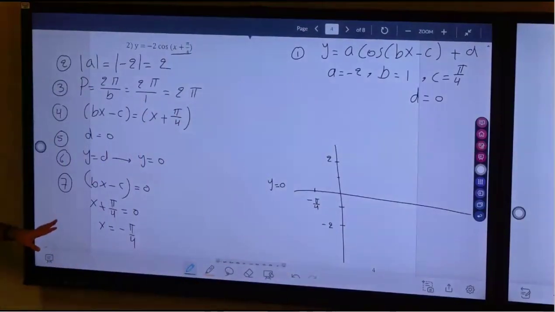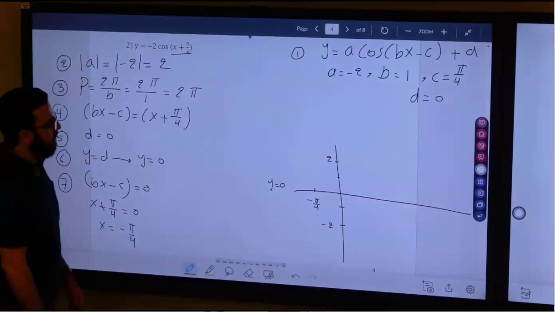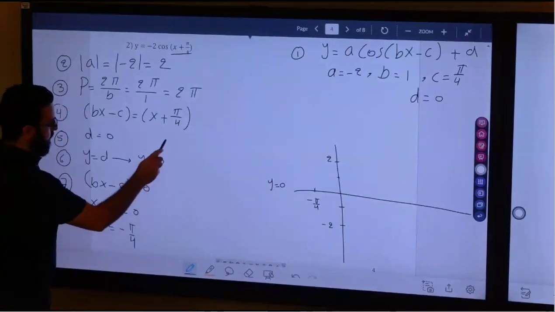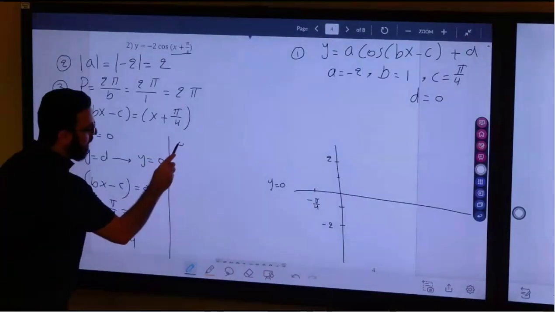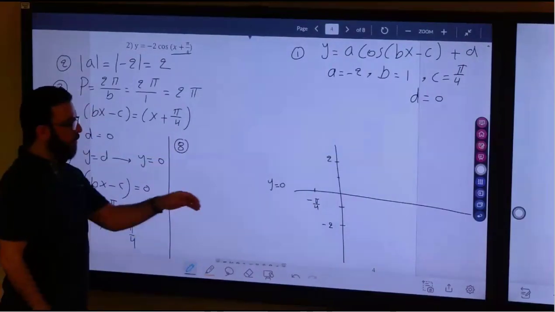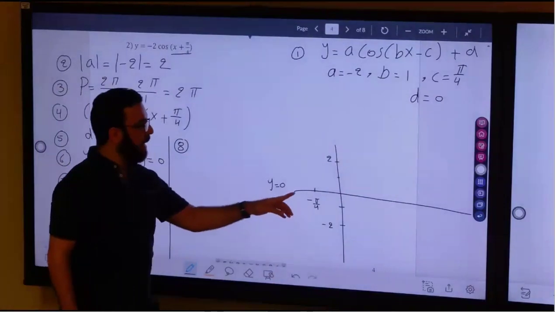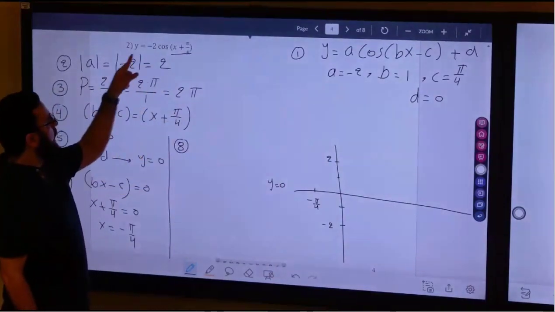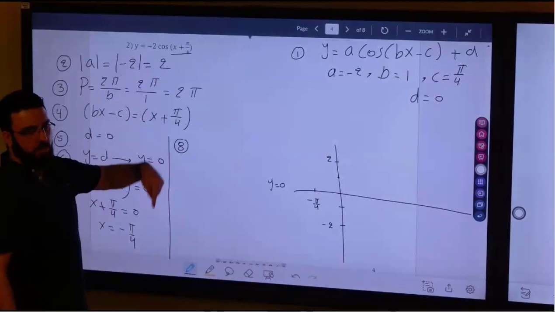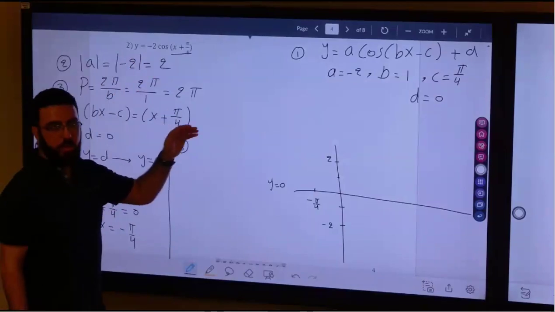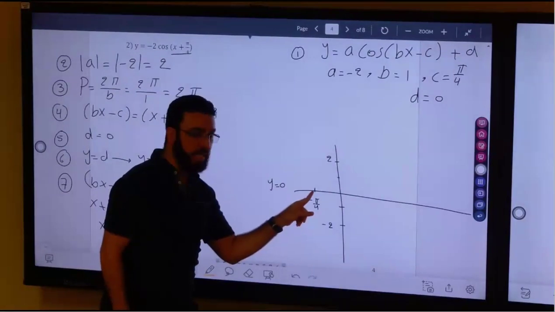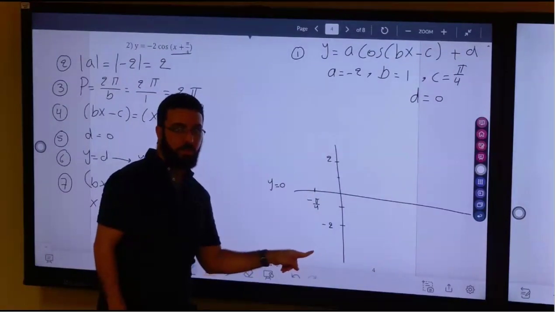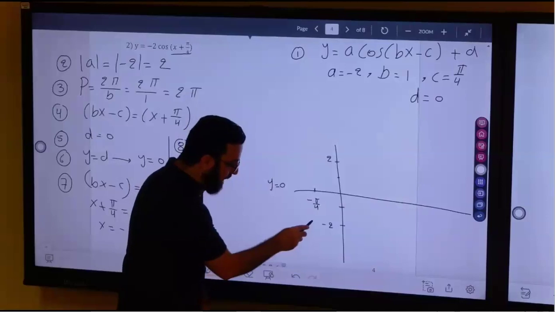Okay? Now, what's the next step? Before we go to step 8, it's a cosine and it's negative. So it starts going down, starting from the minimum. Do I start from the rest line or from the minimum?